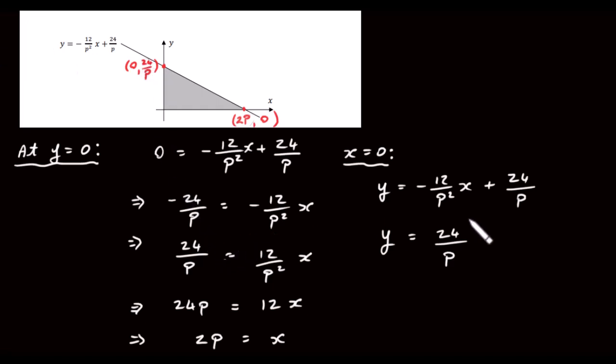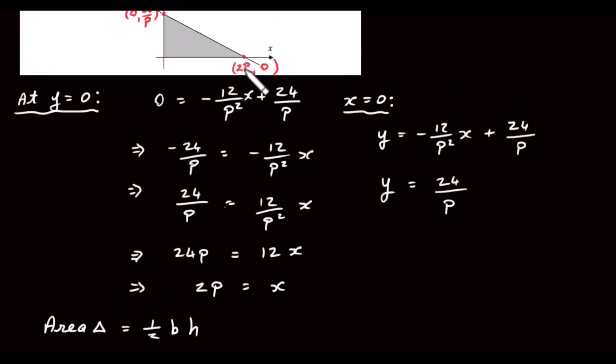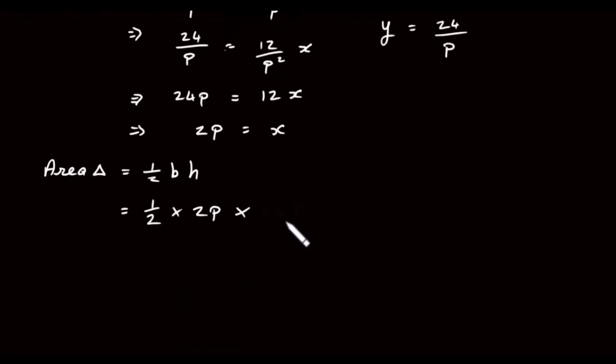Okay, so let's just put that into our equation for the area of a triangle. The area of a triangle is half the base times the height. So our base is this value here, 2p. So it's half of 2p times the height, which is 24 over p.